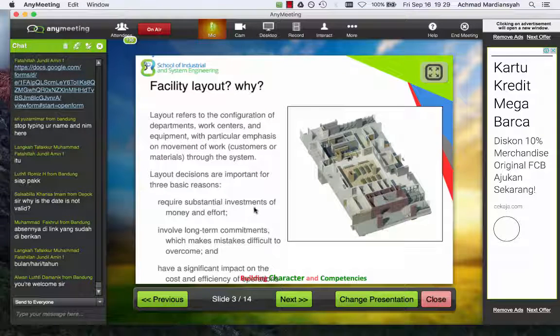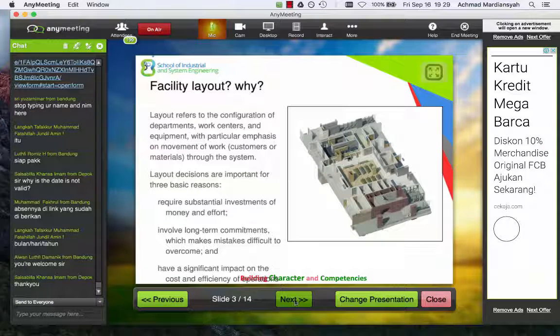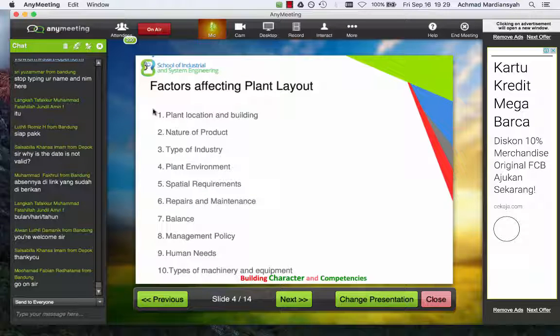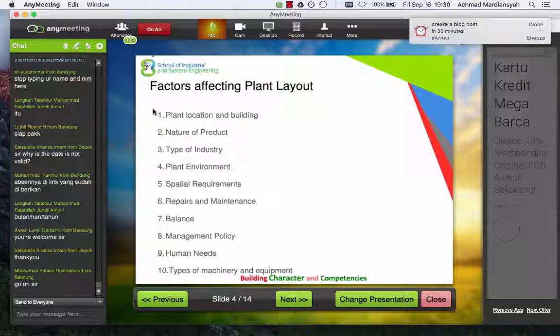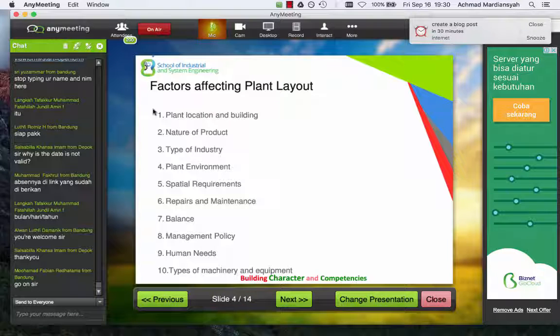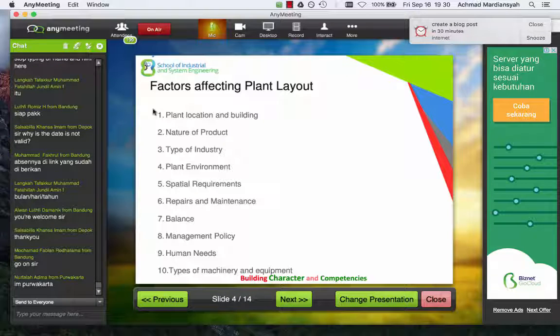Next. At least from this slide, you have an idea that facility layout is important. Factors affecting the plant layout are plant location, whether this is Jakarta or Surabaya or Bandung, the nature of the product, is it a continuous product like oil, or a medical product or a hospital.